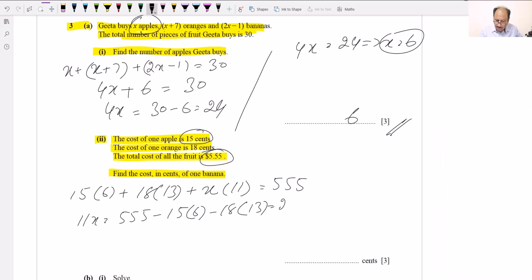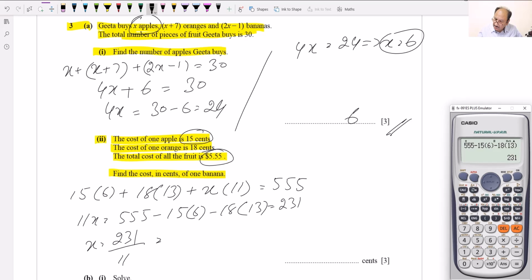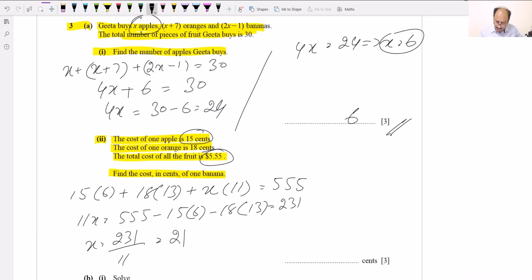So 231, x will be equal to 231 divided by 11. So this divided by 11 will be equal to 21. So 21 cents will be our answer. So initially we have converted this into cents, so finally we are getting the answer in cents.